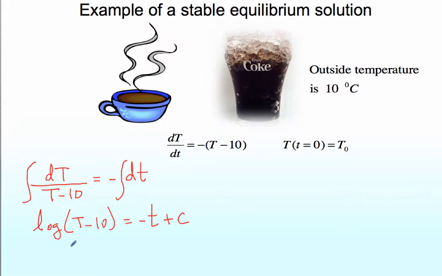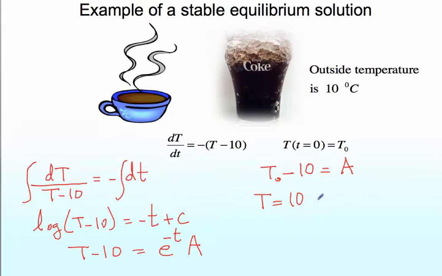So then we can write this as T minus 10 is equal to e to the minus t times e to the c, but e to the c is just some other constant, we'll call that A. To determine A, we'll use the initial condition that when t is equal to 0, the temperature is T naught, and so we get T naught minus 10 is equal to e to the minus 0, which is 1, times A. And so we found A. And therefore, T minus 10, we'll take the 10 to the other side.